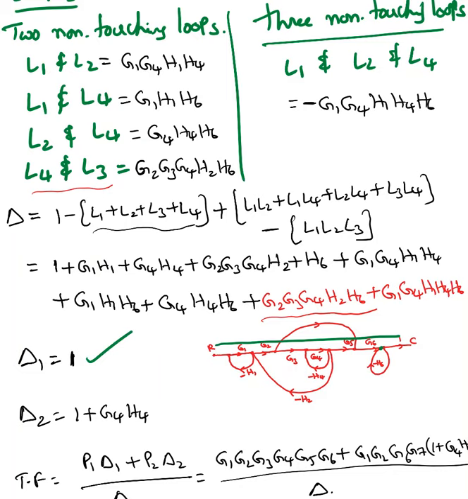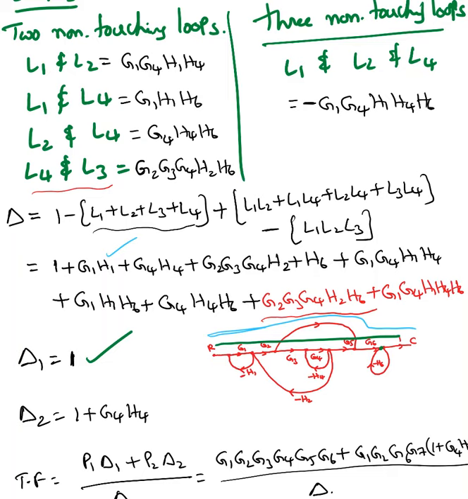Delta 2, path 2. Sorry, the path is up there, my apology. Here is my path 2. When you look at path 2, z1 h1 is touching path 2, so eliminate that.